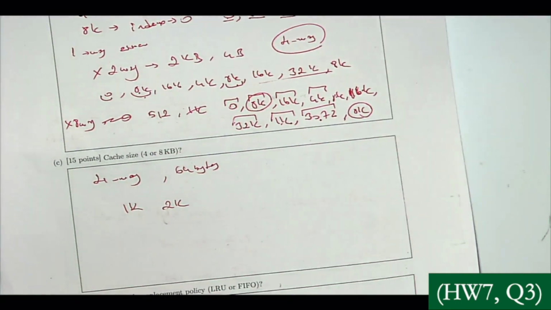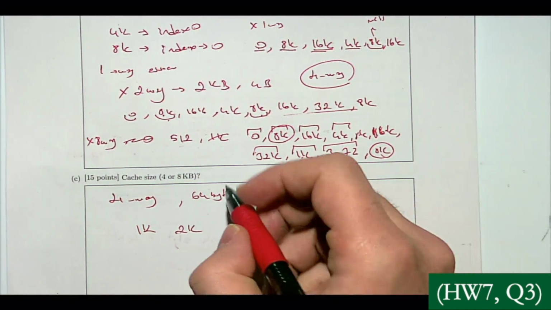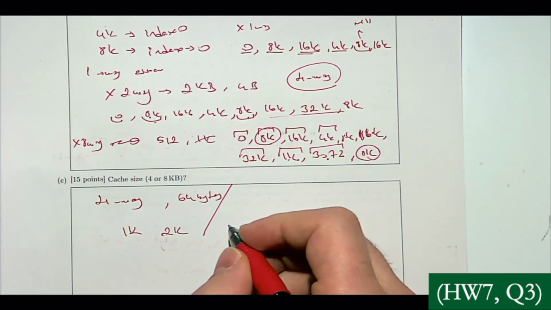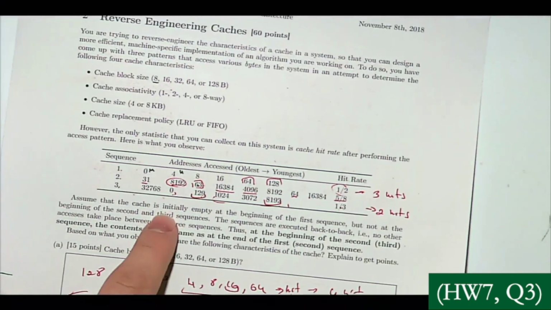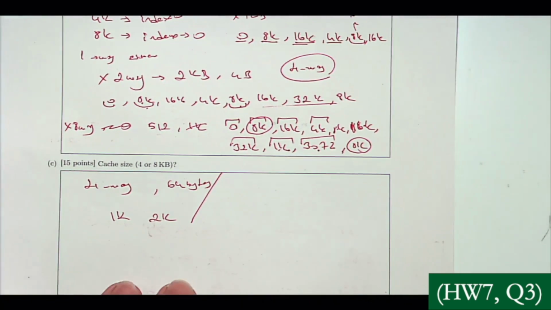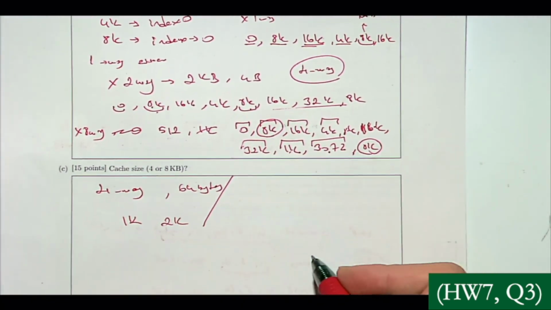So let's again write down the addresses that will map to index 0, which are the multiples of either 1K or 2K.